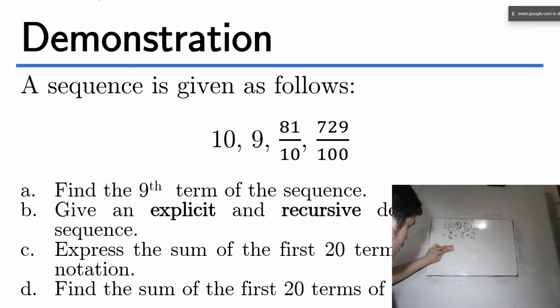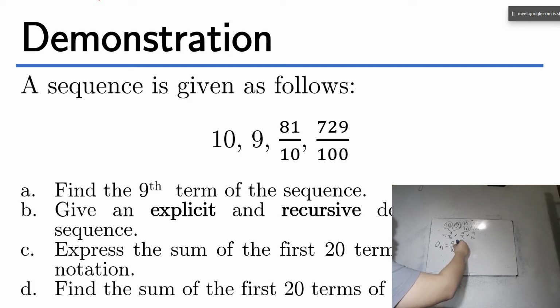Okay, paano ba yung explicit definition? Diba, sabi ko kanina, kung ano man to, ipapasok lang natin, no? A sub n equals 10 times 9 over 10 raised to n minus 1, no? E di, pasok lang natin to, guys. Explicit definition.